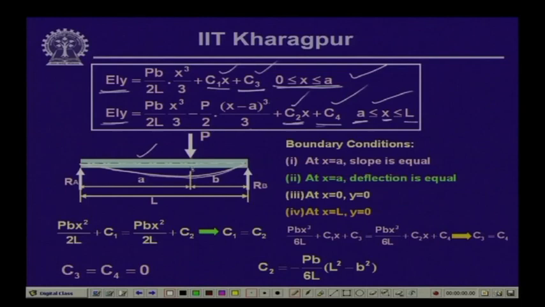Now, at this particular point of the load, which is the limiting or the boundary for the two expressions to be employed, from the left hand side and from the right hand side, the values should be equal. What I mean is the deflection of this beam at this particular point, or the slope of the deflection curve at this particular point, from whichever side we compute, either from this side or from this side, they should be the same, because the elastic curve has to be continuous.